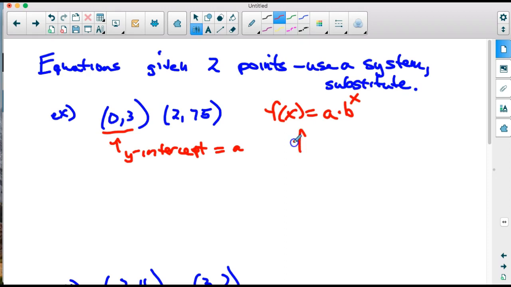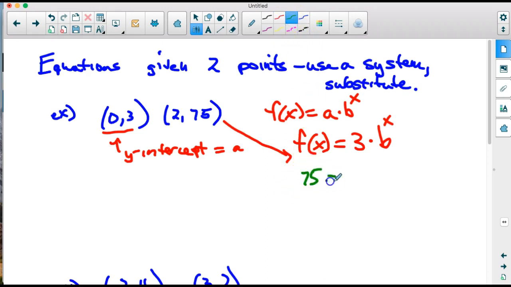So our function right now is 3 times b to the x. Now what we want to do is plug our second point in here and see if we can figure out what b is. Our f of x is 75, so we're plugging this point into this function. So we get 75 equals 3 times b to the second power.